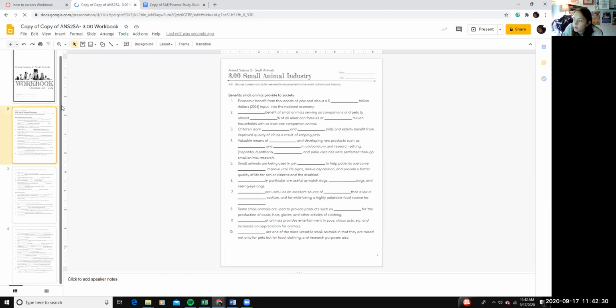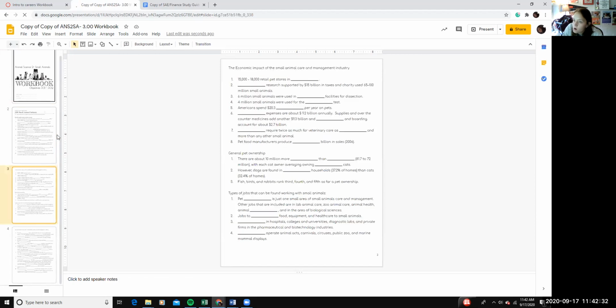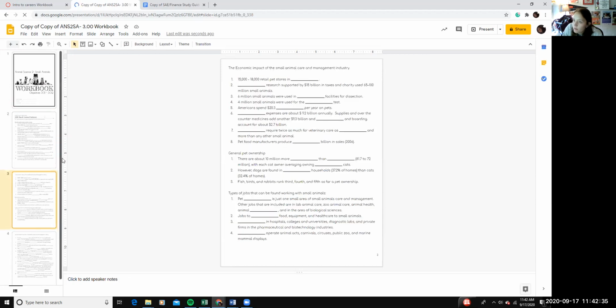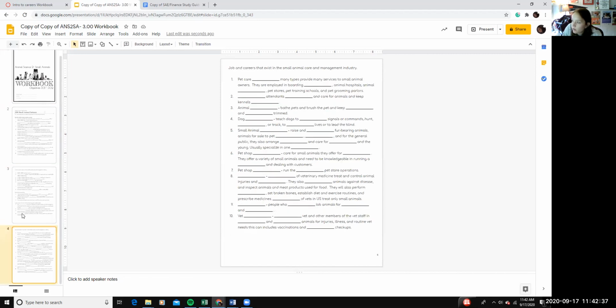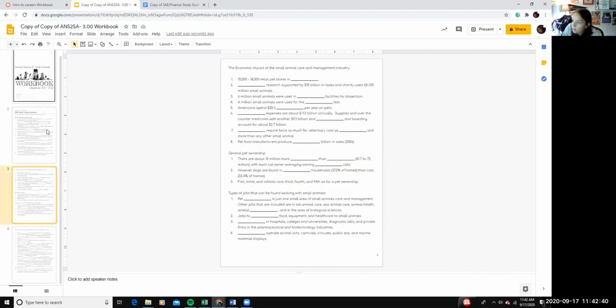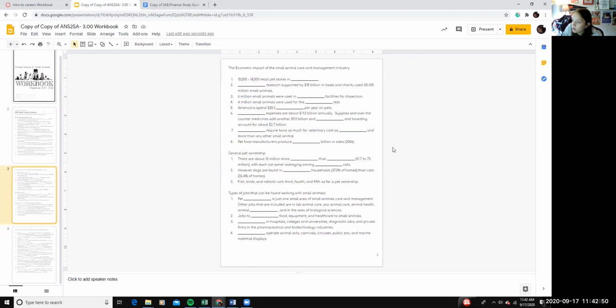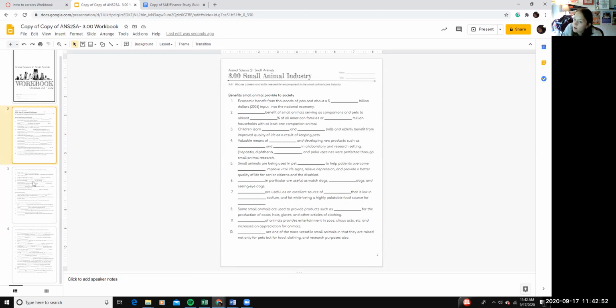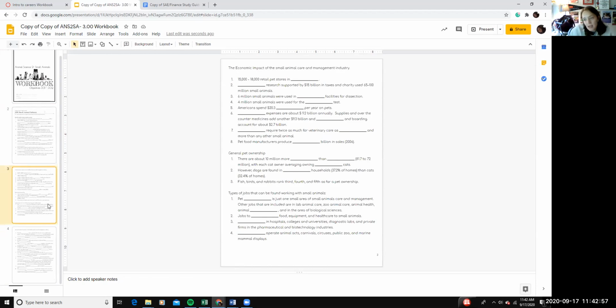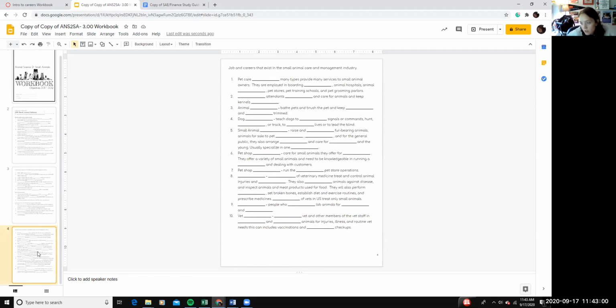So you're just going to fill in the notes. On the directions, it says to do all of them today, but class went a little bit longer today. So if you have time to go ahead and do all of them, you've got about 30 minutes, so you should be able to get through at least one, probably 2 pages, just depending on how you have to do it. I know with the iPads, it's kind of hard. So try to get through 2 of them today, and then I'll give you time tomorrow to finish the 3rd one. And we're going to go through and talk about some of this tomorrow as well.